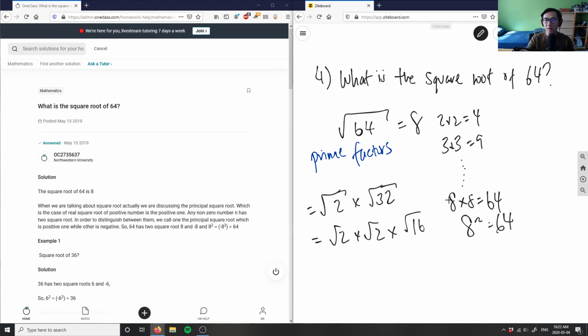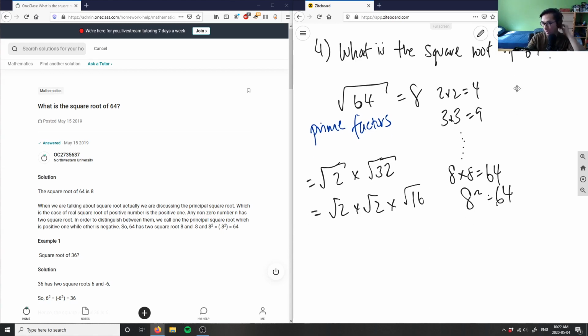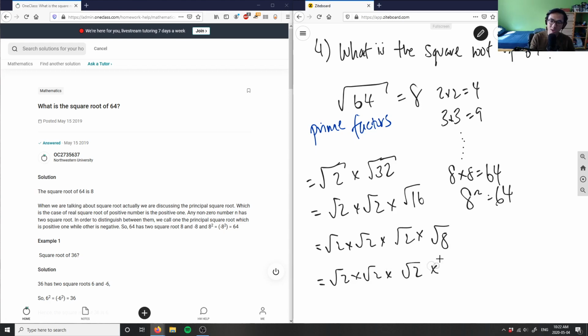And then finally, we know, and if you didn't know by now, root 16 equals 4. But if you didn't know that, we can do this 2 more times to figure this out. Root 16, I can take another 2 here. 16 divided by 2 is 8. And then finally, I have root 2 times root 2 times, I can finally take out the last root 2 here, and I would get root 4.